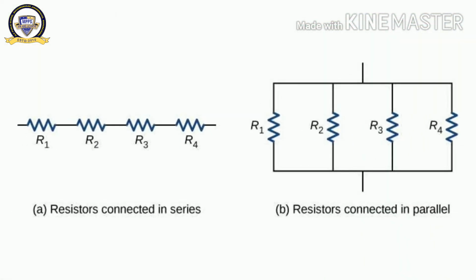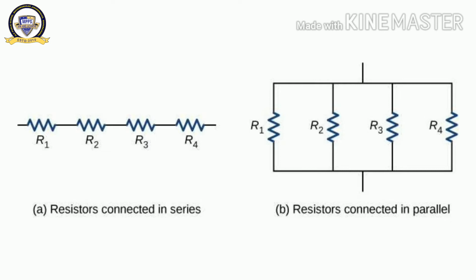Now by seeing a figure, we will clarify whether the figure contains a series combination or a parallel combination. In the first case, you will observe that the resistors R1, R2, R3 and R4 are there. These resistors are connected in series because the second end of the first resistor is connected to the first end of the second resistor, and the second resistor is connected to the third resistor.